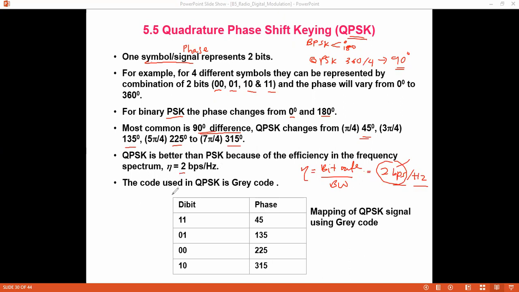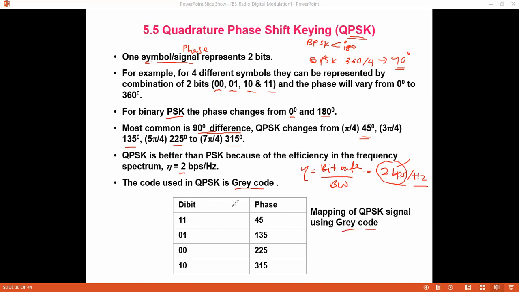And in QPSK, for practical use, the technique used to map between bits and phase is known as the Gray code.